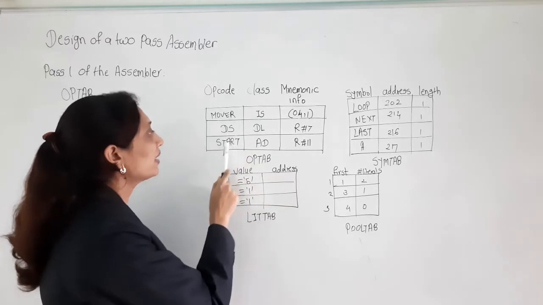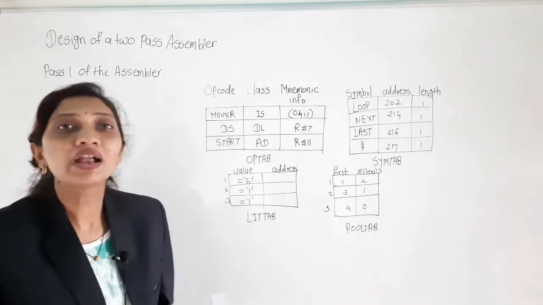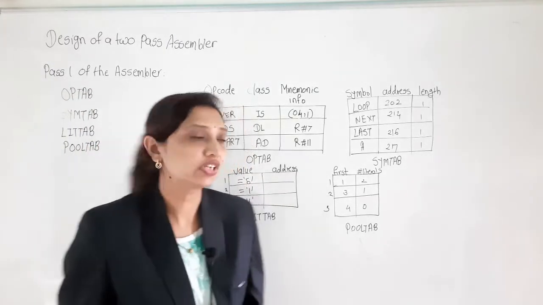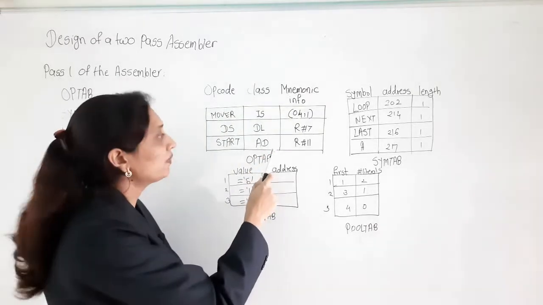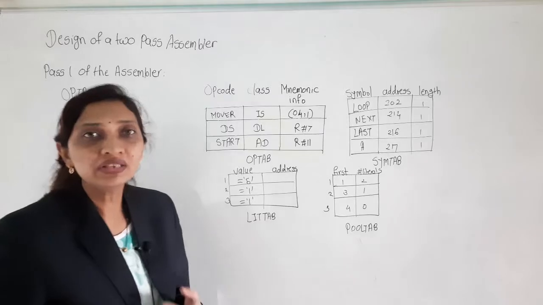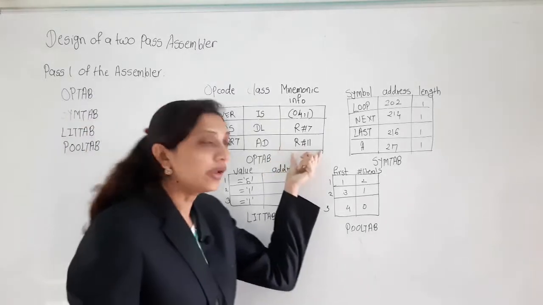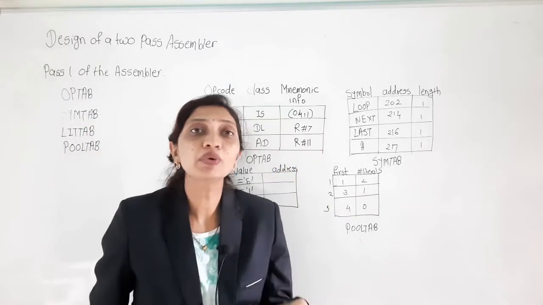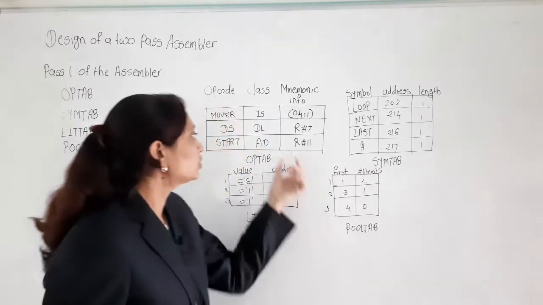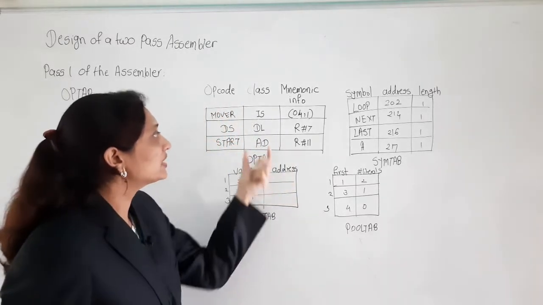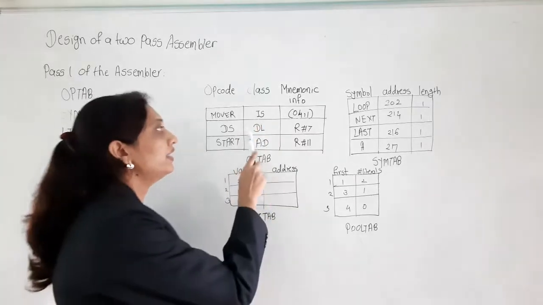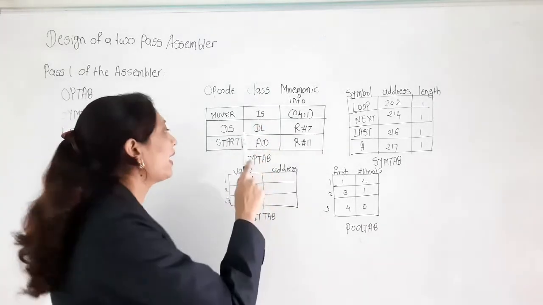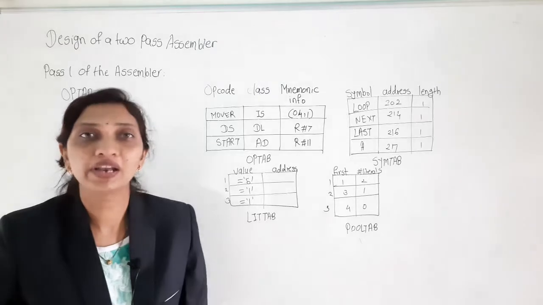Same here, START is an assembler directive statement. So AD is used for assembler directive, and a particular routine is called, which calculates how much memory is required to store this instruction. In this way, IS is used for imperative statement, DL for declarative statement, and AD for assembler directive statement.